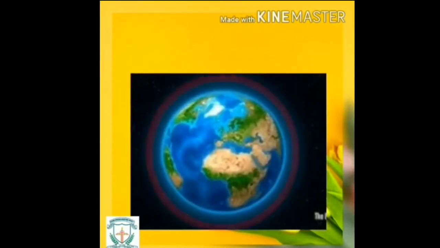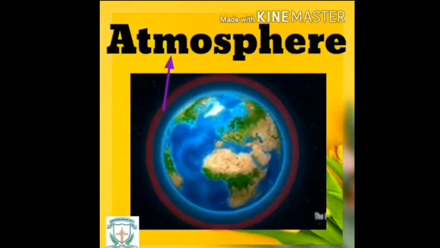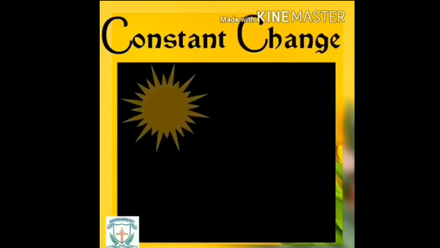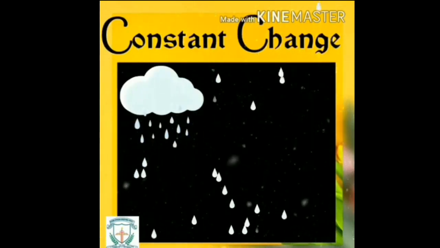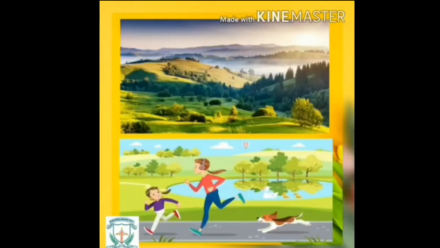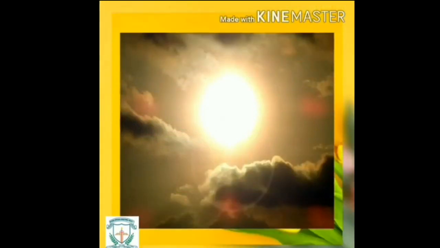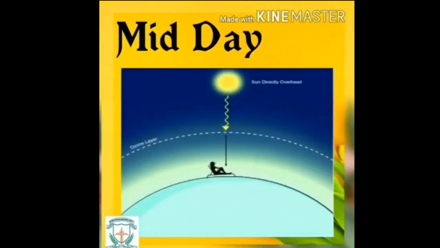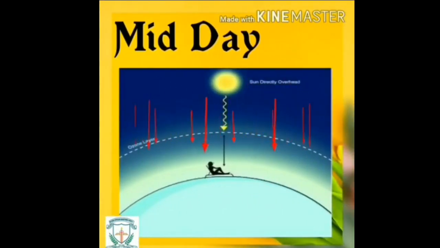Dear students, our earth is surrounded by a layer of gas called the atmosphere. There is a constant change in the atmosphere. Early in the morning, when the sun rises, we feel cool and pleasant. During the midday and afternoon, we feel hot as the sun's rays fall directly above us.